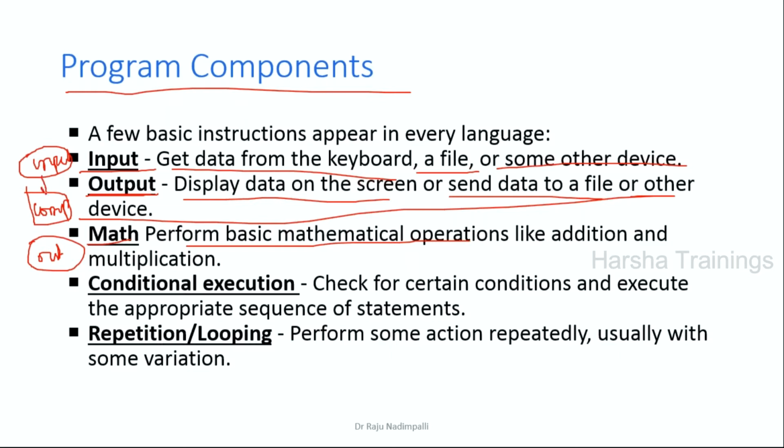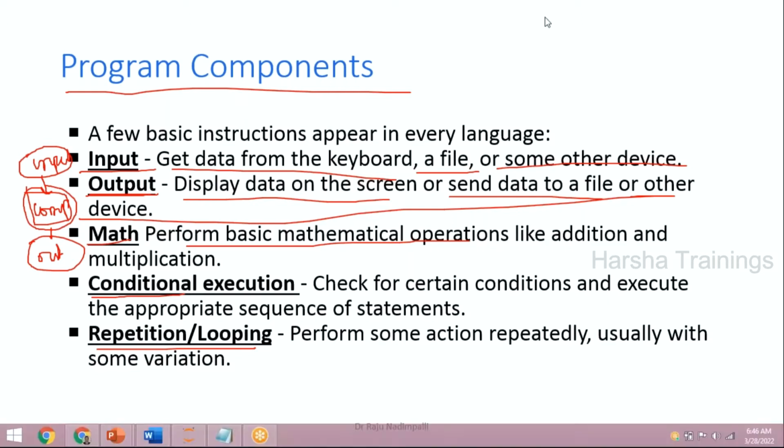The inputs will be processed, converted, or computed. Then I'm going to provide some sort of outputs. In order to do that, I need some sort of conditional statements, and I need some sort of loopings or repetition statements.